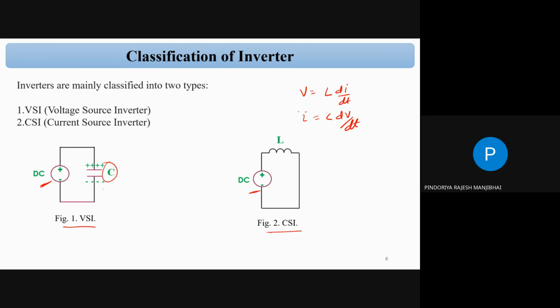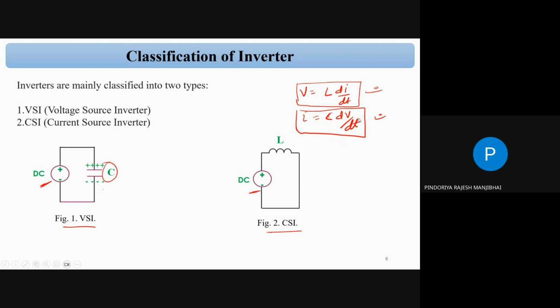I hope you remember these formulas: voltage across the inductor is V equal to L di by dt, and current flowing in the capacitor is C dV by dt. So based on these formulas, we have to connect the capacitor or the inductor. And we will see in the next slide, that is a voltage source inverter and current source inverter.